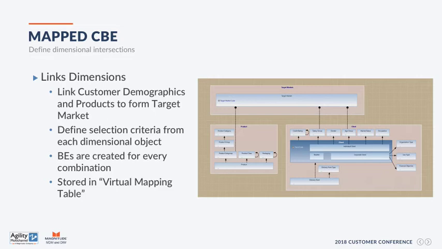You define the selection criteria for each dimensional object, so I select the particular product subgroups that I would want, and BEs are created dynamically by DIW for each of the specified combinations of, in this case, product and demographics. These are then stored in a virtual mapping table. Not that the table is virtual, it's that the dimension that it represents is virtual. It's a regular mapping table like any other, and can be extended just like any other. But it refers to a dimension that is virtual and is defined as a combination or subset of a number of other dimensions.